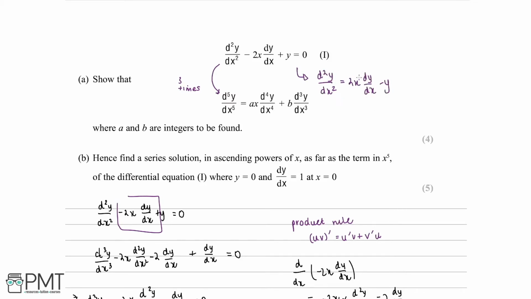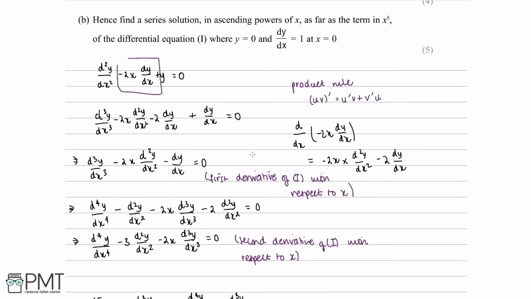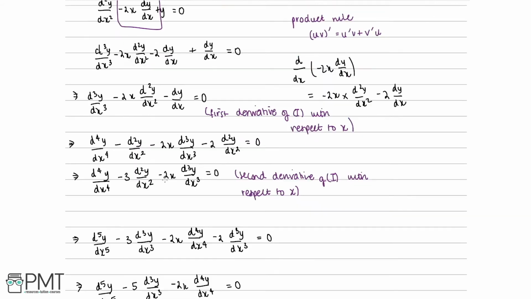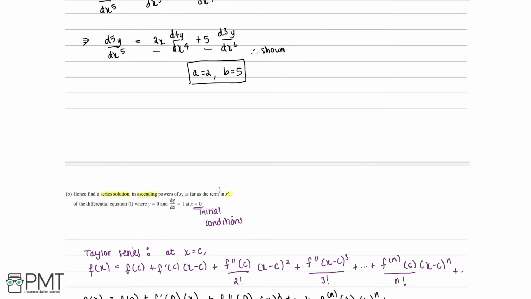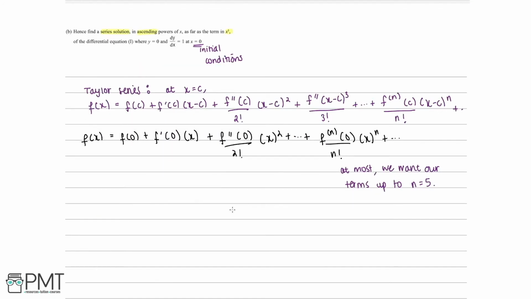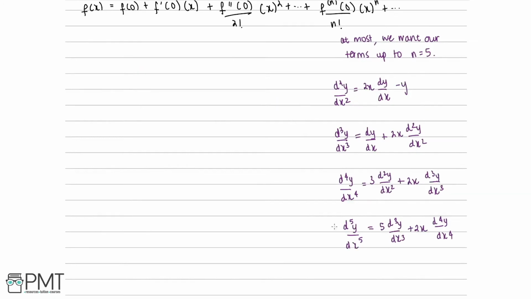How do we know this? Well, we can just move all of the terms that aren't our highest order derivative onto the right hand side. We can also use this to find an equation for our third derivative of y, our fourth derivative of y, and our fifth derivative of y in part A. So by rearranging our differential equations, we get these equations over here.